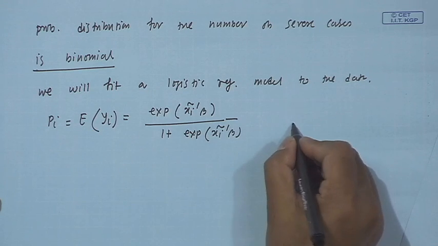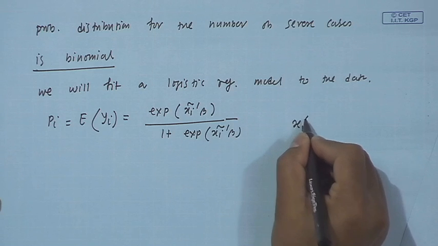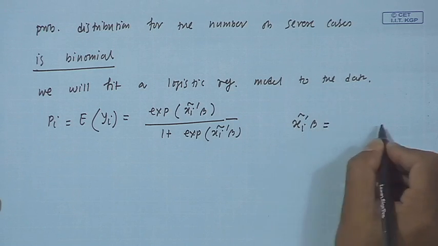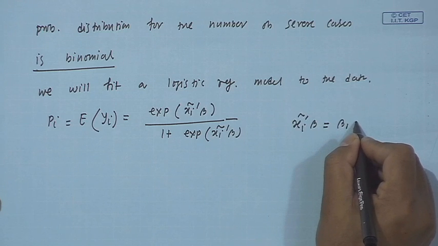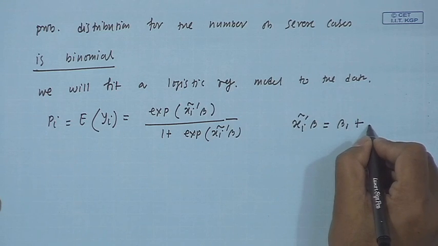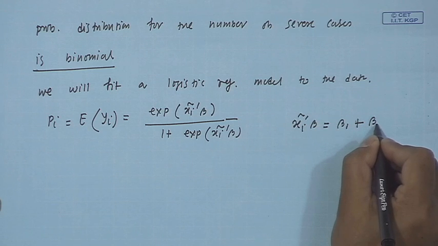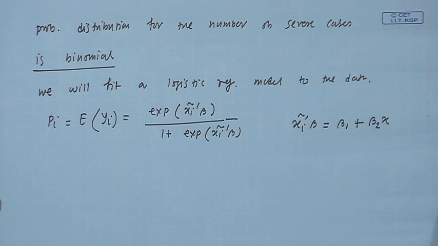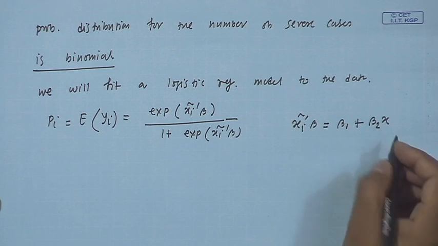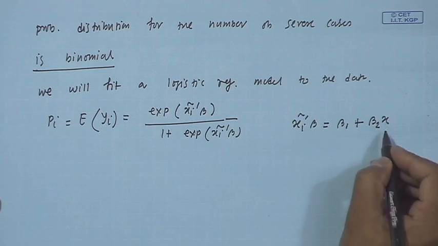Okay. And here you must have observed x_i prime beta is equal to beta 1 plus beta 2 x, because there is only one regressor, that is the number of years of exposure.